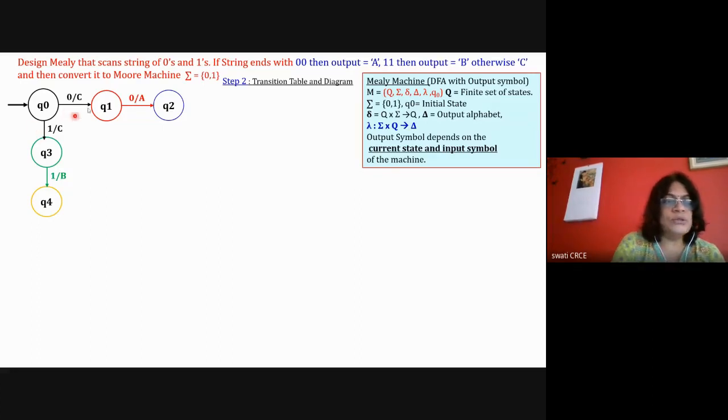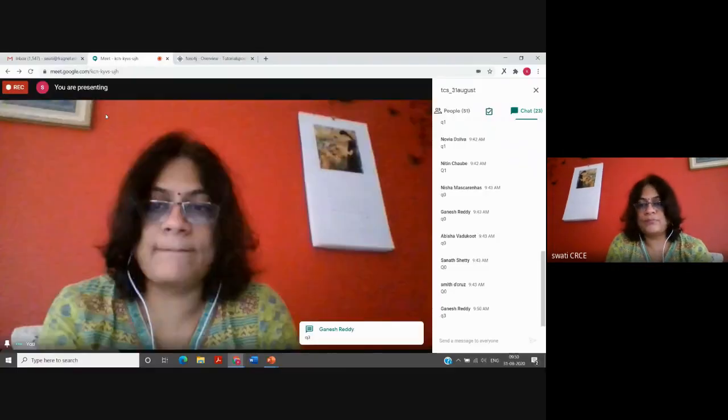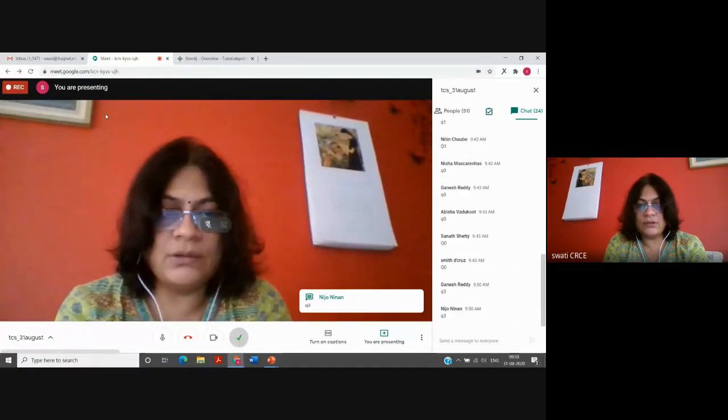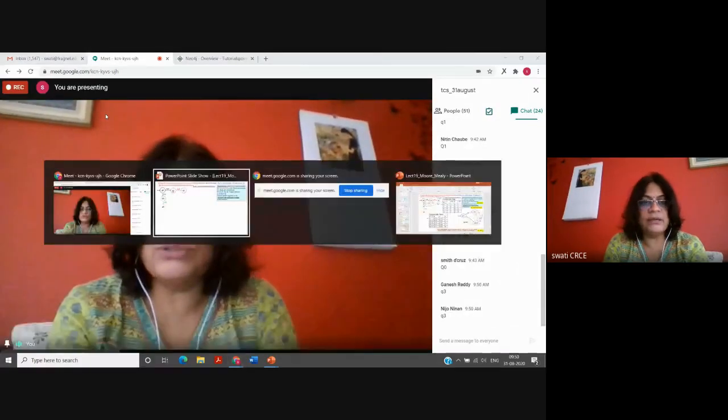For Q0, both transitions are done. Q1 is done only for the 0 transition. So now if there is any 1, what should happen? Tell me the transition in Q1 for input symbol 1. Ganesh and Nisha say Q3.